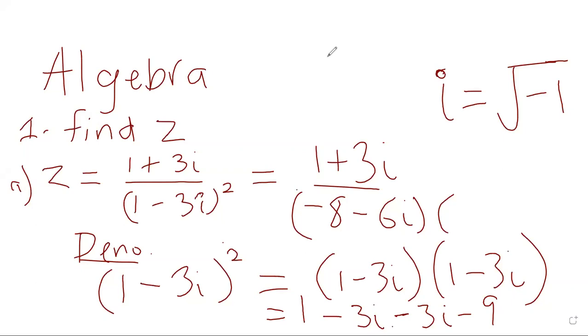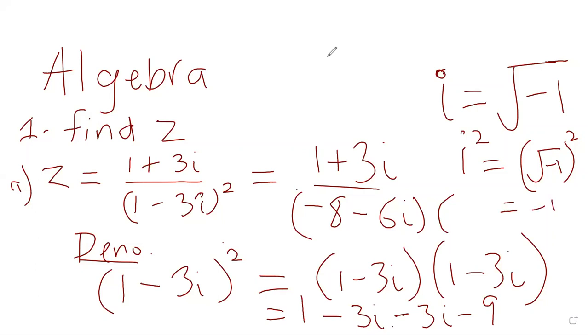So when we say i squared, it is just the square root of minus 1 squared. I hope you get it. So it's the square root of minus 1 all squared, which is minus 1.